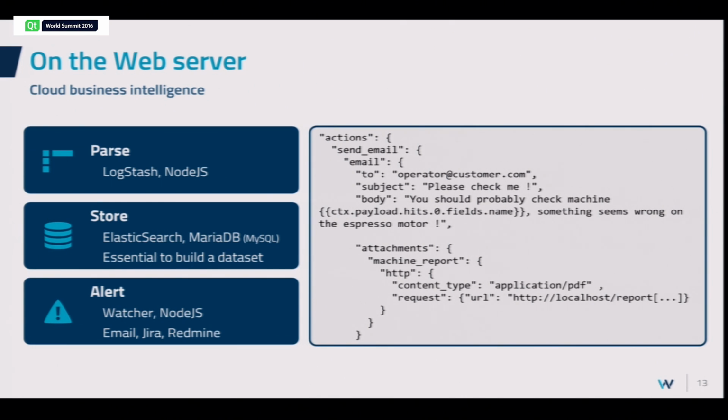You write your condition, and when the condition is reached, the action is to send an email to that person, in that case, an operator. You simply, for example, add the name of the machine, and that's it. We also added some attachment with some details about the machine. So that's the base for it.